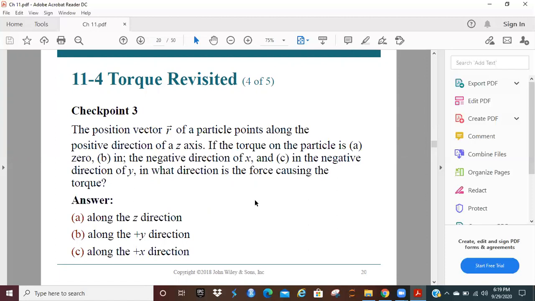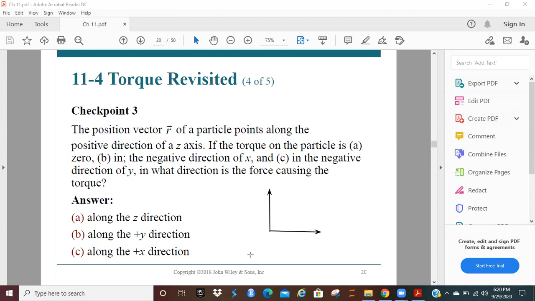So the position vector R of a particle points along the positive direction of a z-axis. Let me see how well I can draw this. So I'm going to say a z-axis is up like that. And I'm going to say the y-axis is like over here.